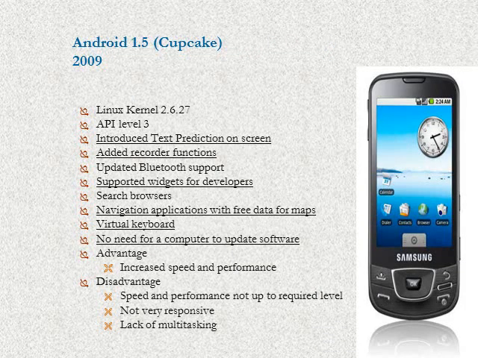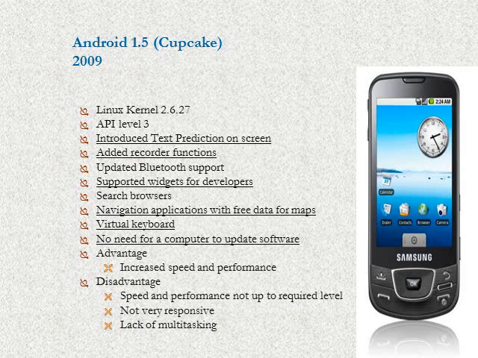Android 1.5, commonly termed the Cupcake version. This was the first version of Android that provided text prediction on screen. It had a recorder function, and it provided some widgets for the developers. So now it moved a bit towards community-oriented applications. Navigation was provided in it.